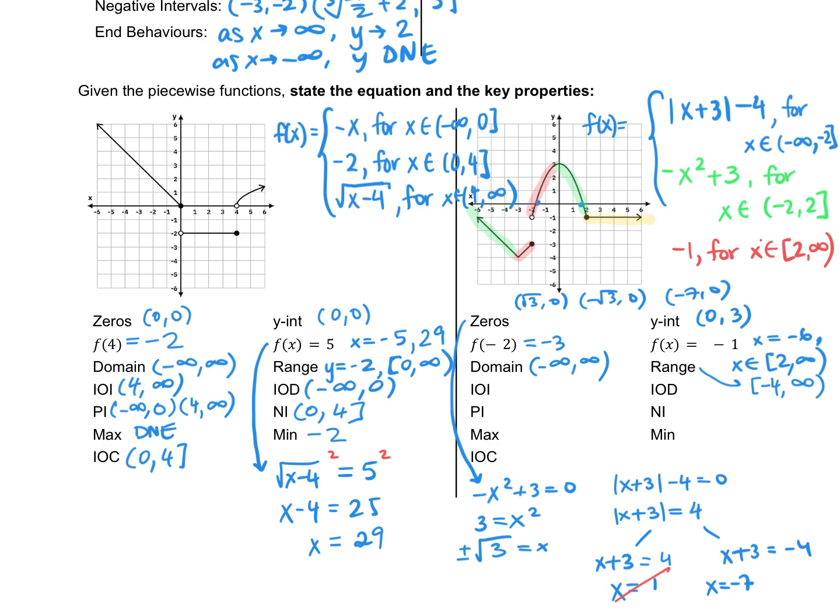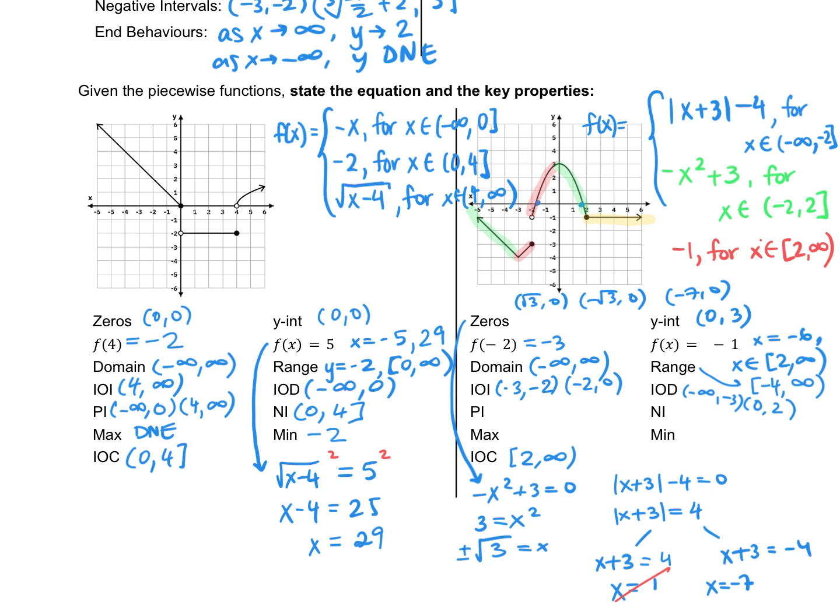So my increase is just that tiny portion on the absolute value from -3 to -2, and then from -2 to 0 on the parabola. The interval of decrease is from -infinity to -3, and then from 0 to 2. And the interval of constant is from 2 to infinity. And again, at 2, it's a closed point. It's a constant value. I'm including it there.